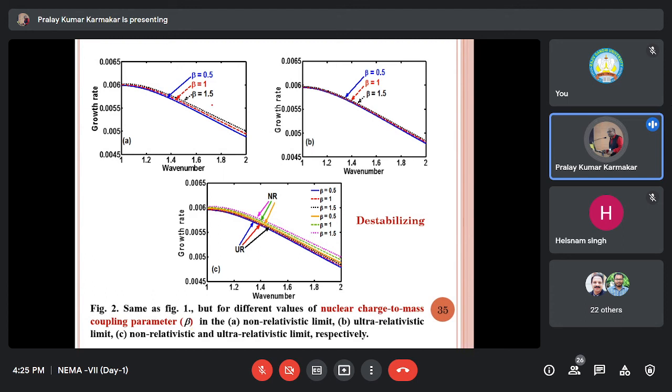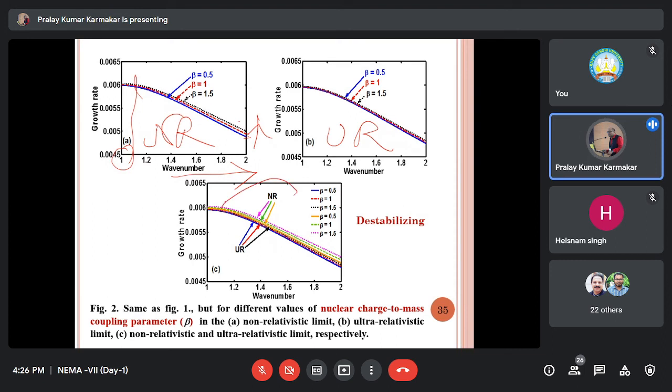Accordingly, we find that in this k region there is no variation, but as you go to the high k domain, it is just decreasing. Here it is increasing. So therefore the system gets destabilized in both the non-relativistic as well as the ultra-relativistic regime of electronic dynamics.